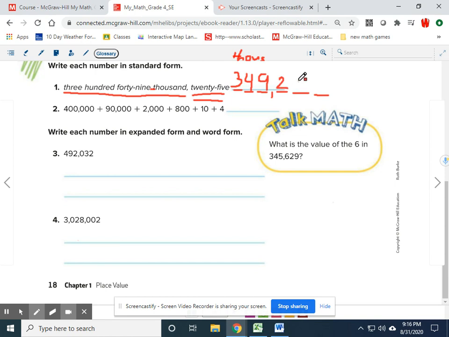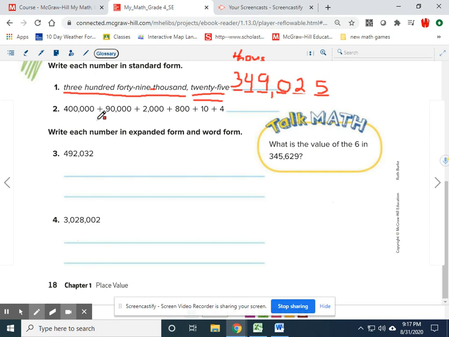So I could put 25 here, but then I have this empty spot. And if I would put a 0 there, that would look like 250. So I know that's not right. So let me get rid of that here. I have to make it 25. So when I make it 25, I know that 25 comes at the end. So what's this? Would have to be a 0. So if I look at it, it's 349,025. Okay?